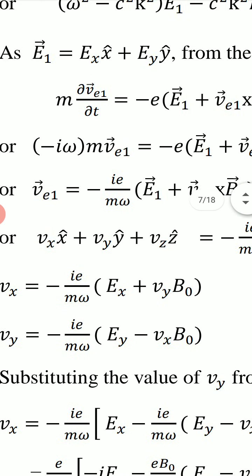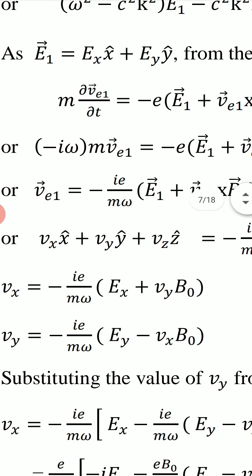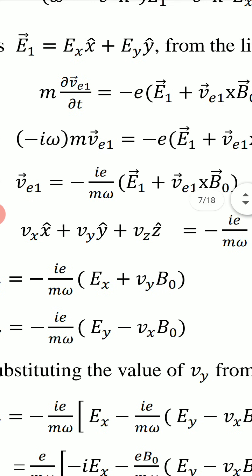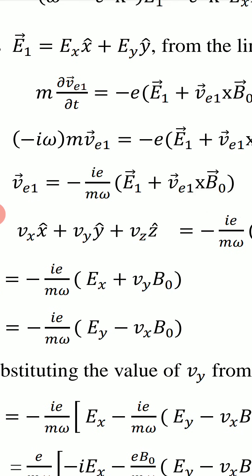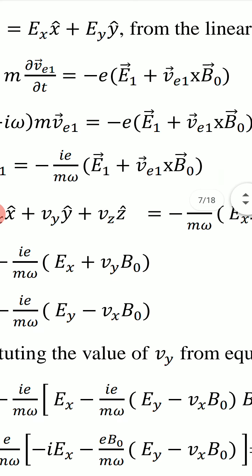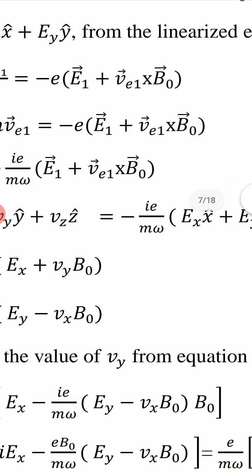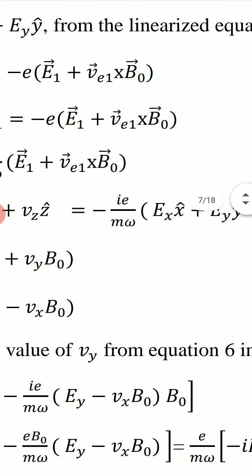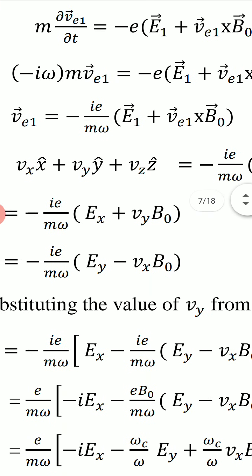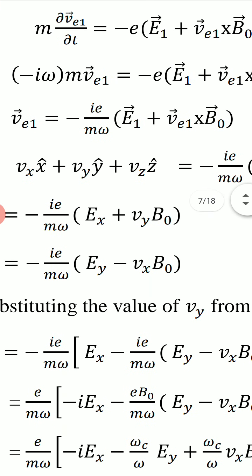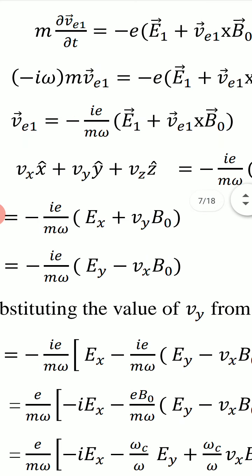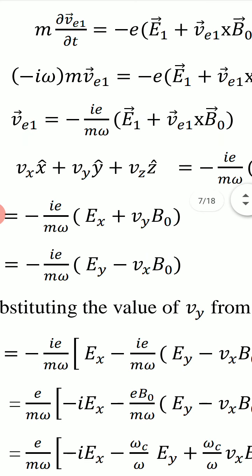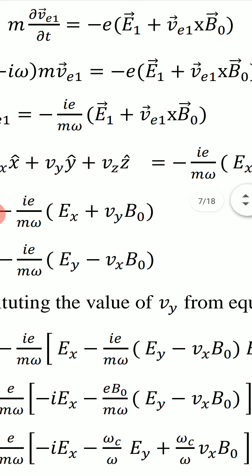Now we write minus i omega for delta upon delta t, and we have minus i omega m ve1 vector equal to minus e into E1 vector plus ve1 vector cross B0 vector. From this relation we can find the value of ve1 vector, which is minus i e upon m omega into E1 vector plus ve1 vector cross B0 vector.